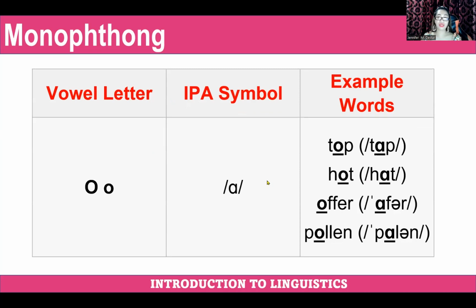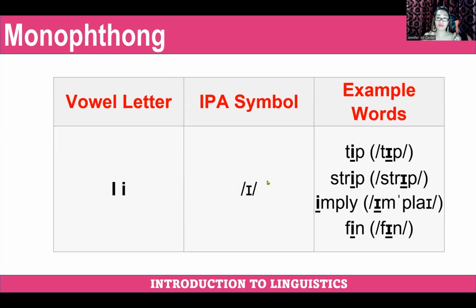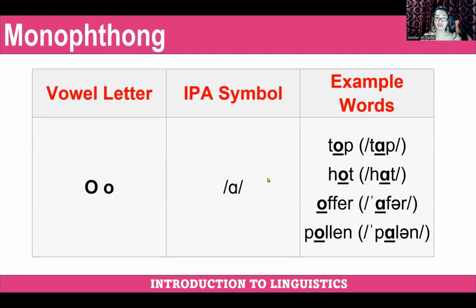We also have the I sound, as in fast, tipped, stripped, imply, thin, the I sound as a monophthong.